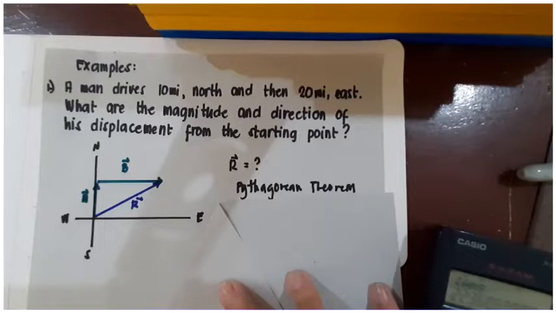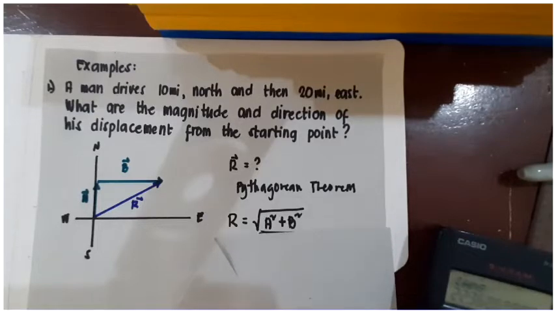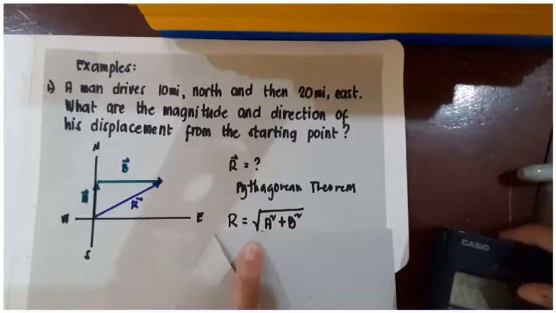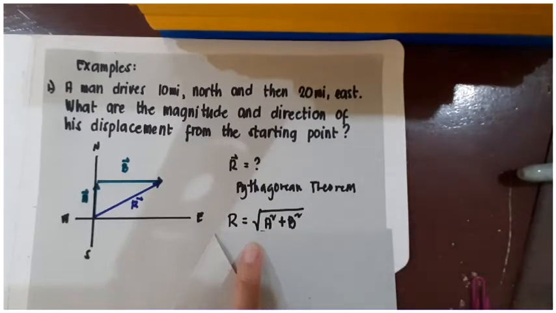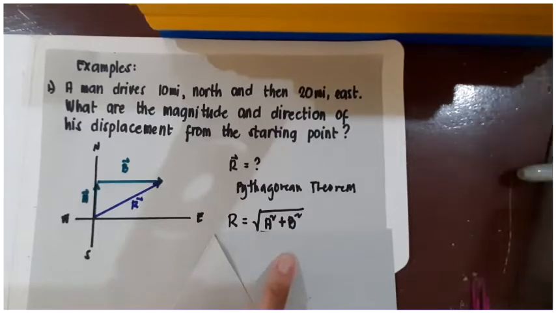So how to solve for the magnitude of R? We will use the square root of A squared plus B squared. Again, why is there no arrow on top? It's because this is just your magnitude. Your direction, we will solve later using your SOHCAHTOA.